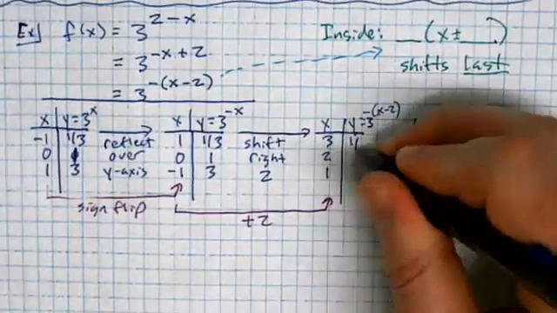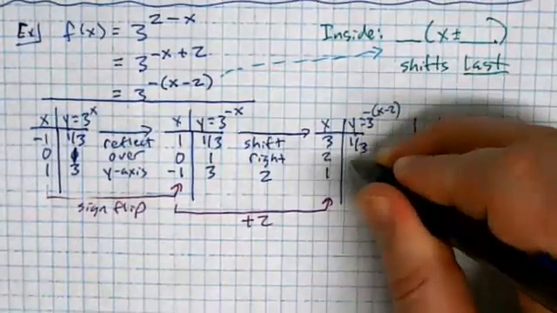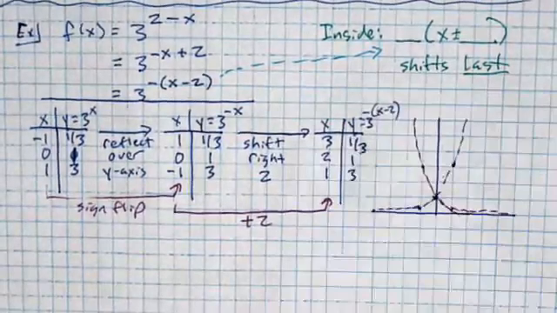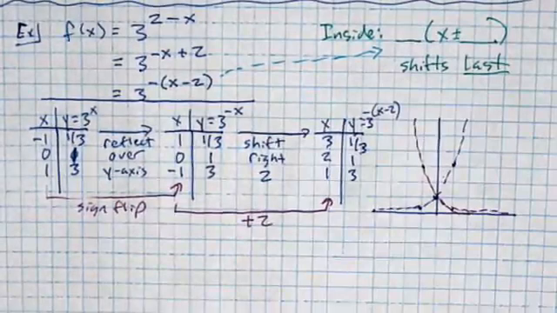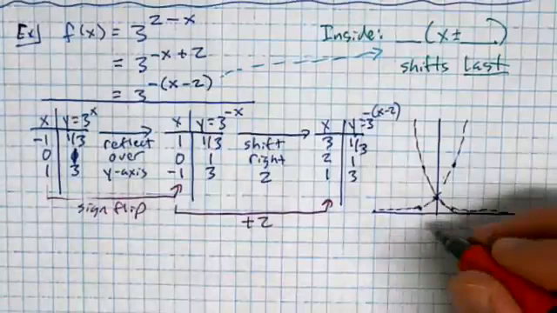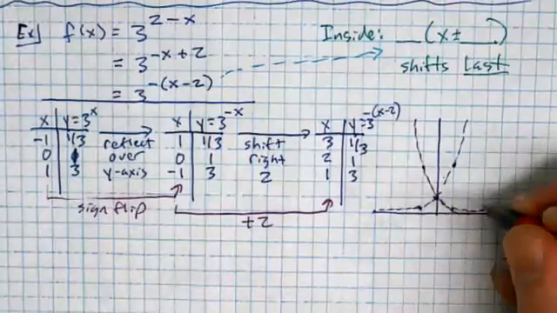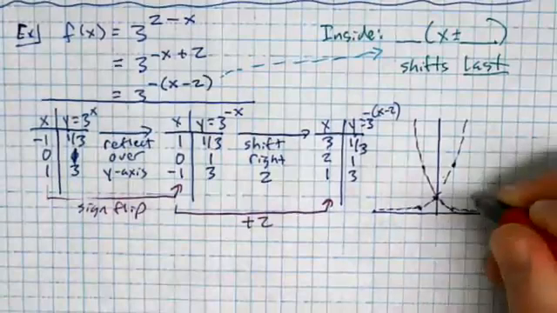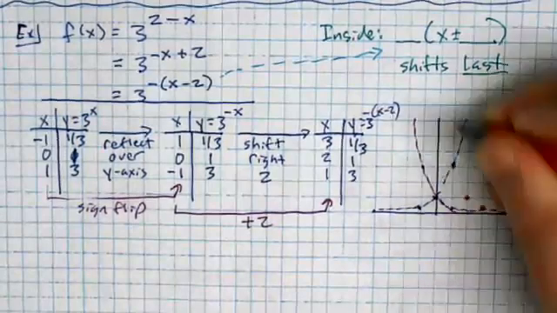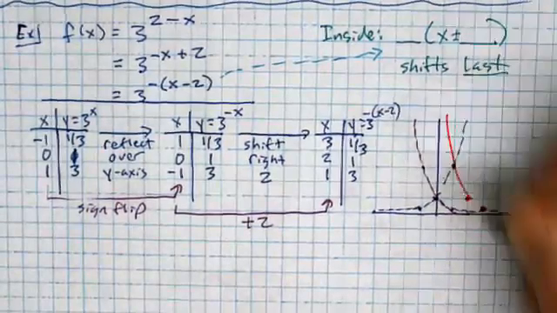And the y coordinates did not change. Still 1/3, 1/3. We'll graph our final version here, make it solid line. So 3, 1/3, 2, 1, 3. This is going to be my final function.